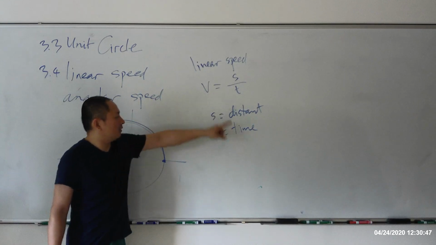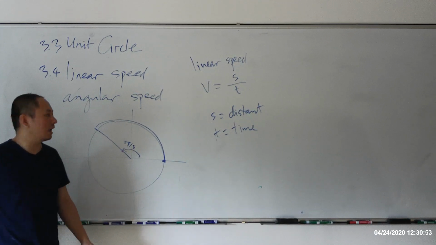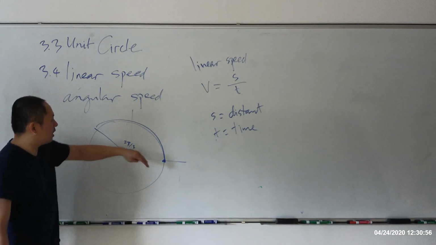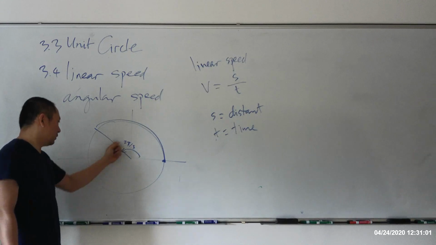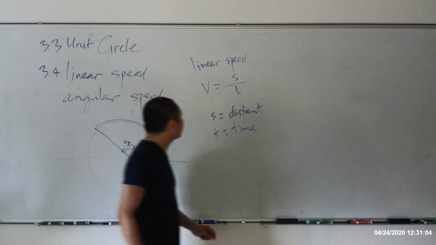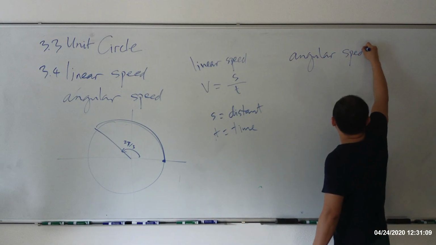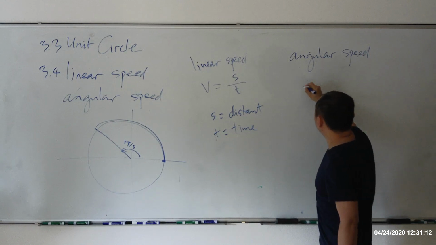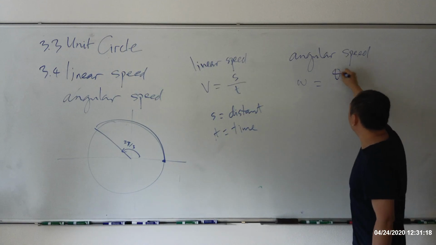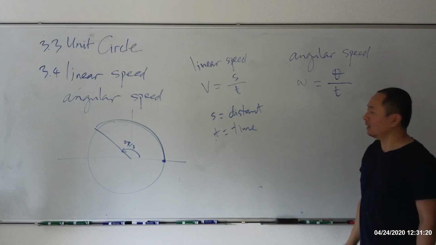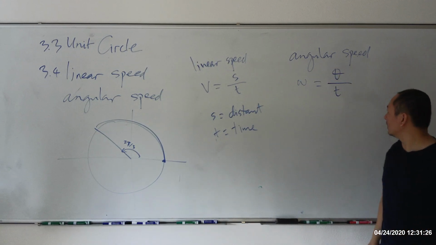Instead of taking the distance divided by time, you take the angle divided by time. It gives you the angular speed, because we don't measure how far you go, we measure how fast the angle changes. Angular speed is denoted by omega, it's like a w. It's equal to the angle theta over time t. See, this is changing distance over time, and this is changing the angle over time. You get the angular speed.